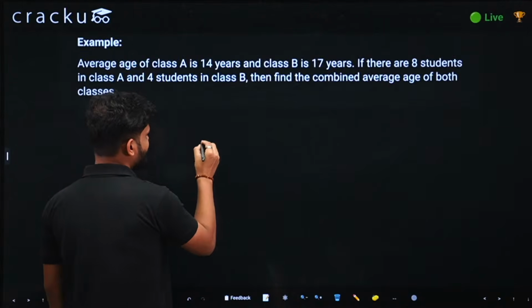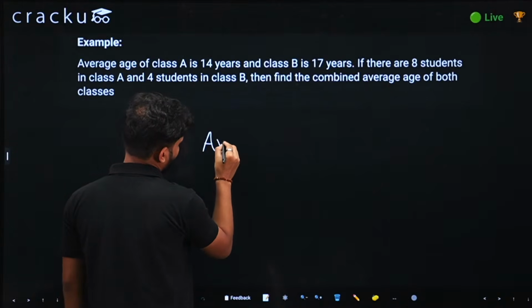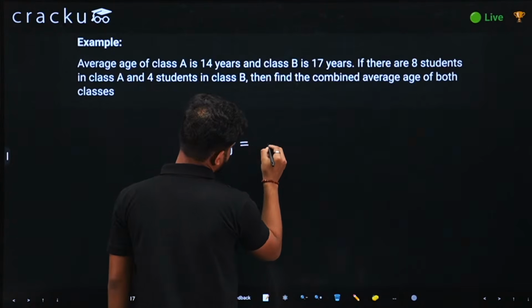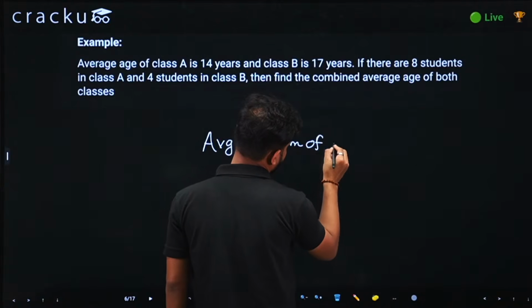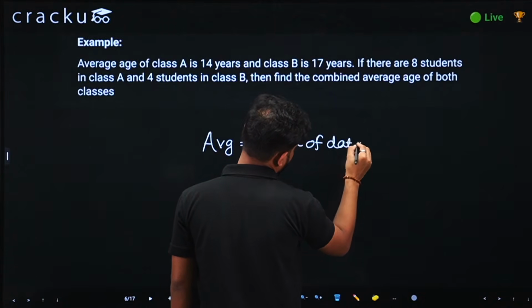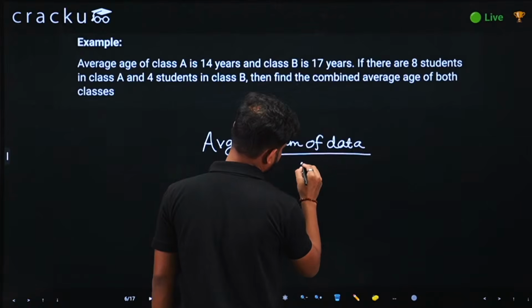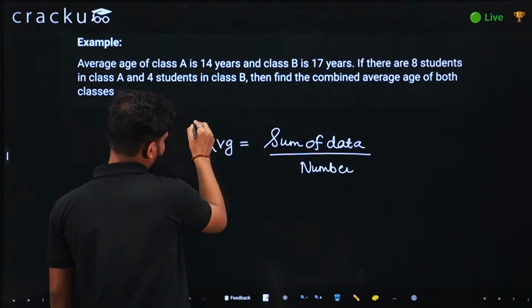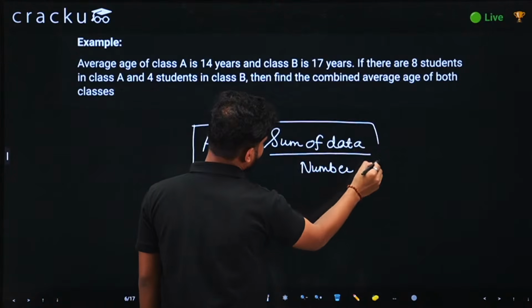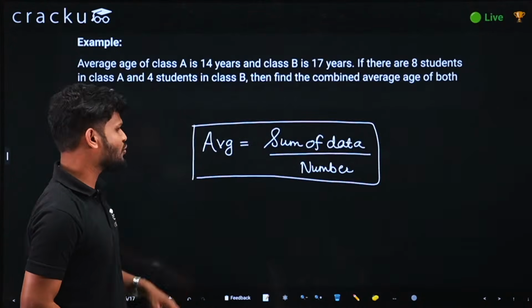So what is average? Again I am writing the formula: sum of all data points upon the number of data points. This is a very important formula for average. Now you can derive your own formulas from this.